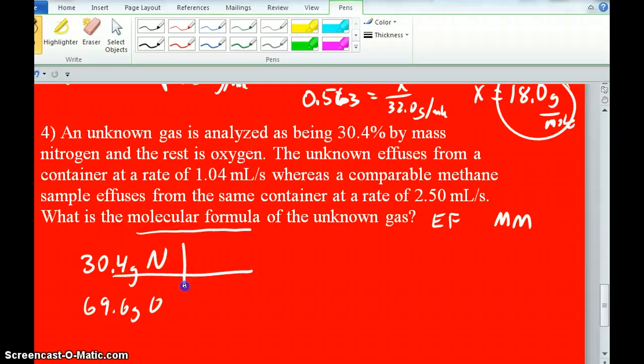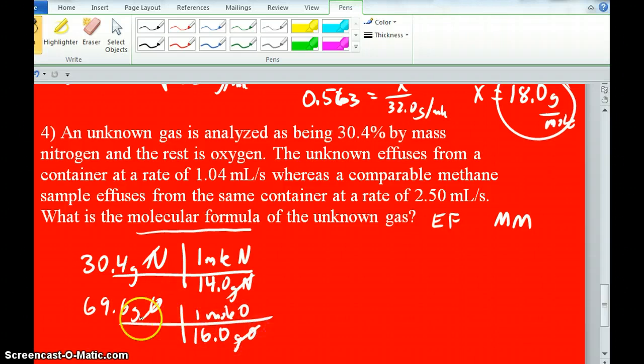So instead I need moles. 1 mole of nitrogen atoms would be 14 grams of nitrogen, and 1 mole of oxygen atoms would be 16 grams of oxygen atoms, which means I get 2.17 moles of nitrogen atoms for every 4.35 moles of oxygen atoms in this compound.